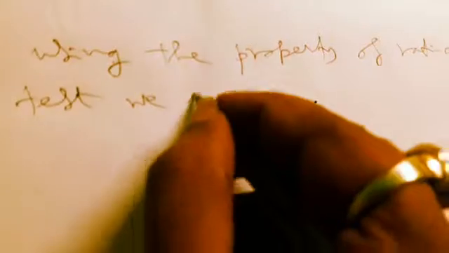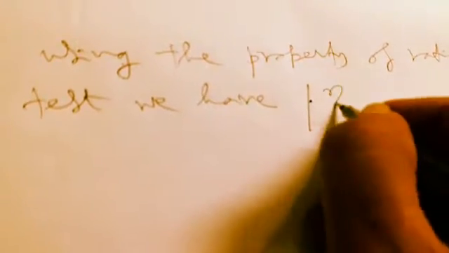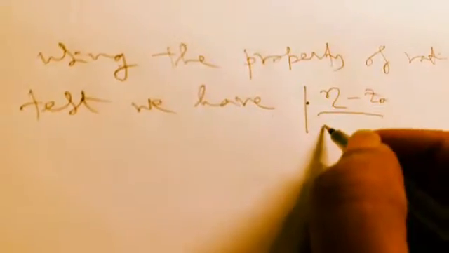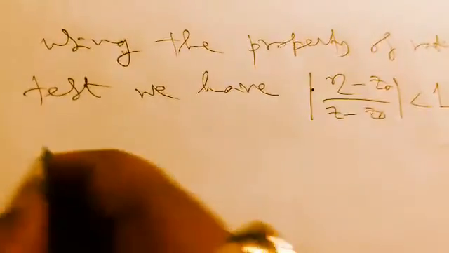Now by using the property of the ratio test, we have mod of eta minus z0 by z minus z0 always less than 1.